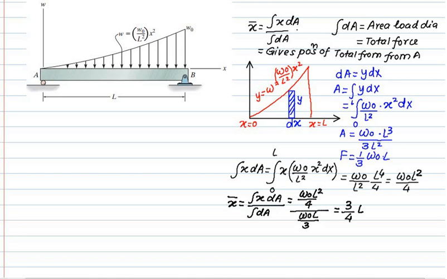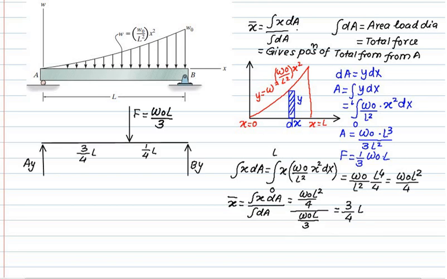3 by 4 L from point A or point B? From point A. So we have total load equal to w0 L by 3 acting at a distance of 3 by 4 L from A. To find out the reactions, we'll replace this figure with a point load.